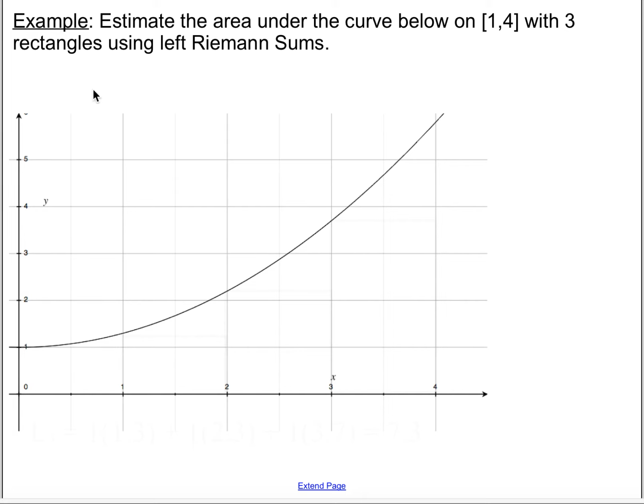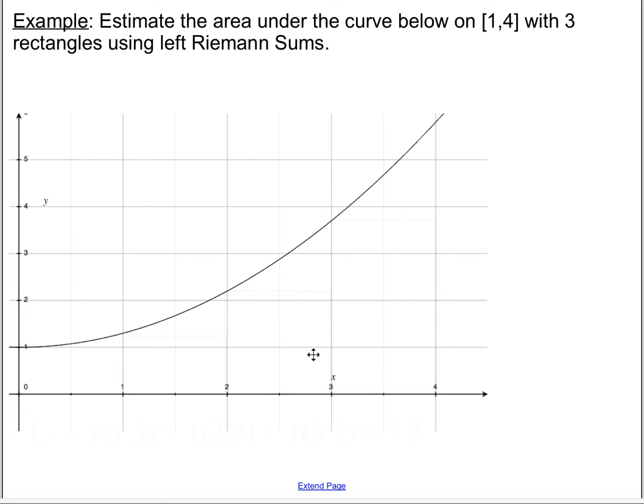In this first one, I'm not giving you the equation of the graph. I just want you to estimate the area under the curve below from 1 to 4 using 3 rectangles using left Riemann sums. That means I am going to draw my rectangles.